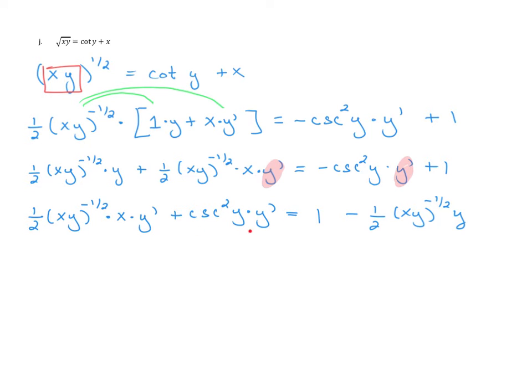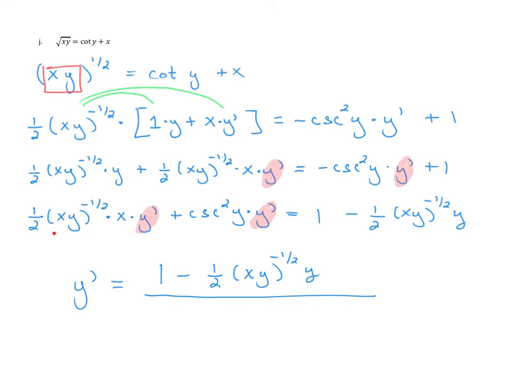I'm going to factor out the y prime, and I'm going to divide what is left over to the other side of my equation. I'm going to do that all in one step as well. So I'm factoring out the y prime. I can now remove that. Now on the right, I'll have 1 minus 1/2 (xy) to the negative 1/2 times y.